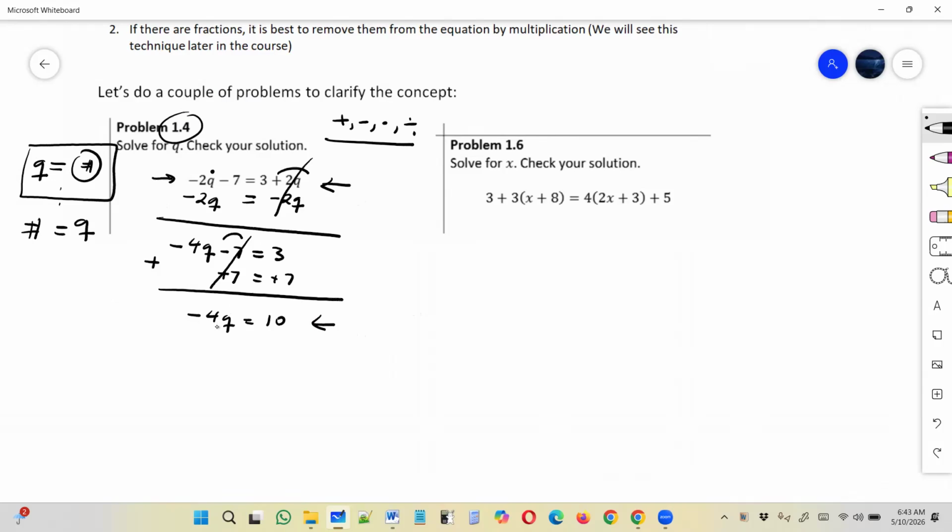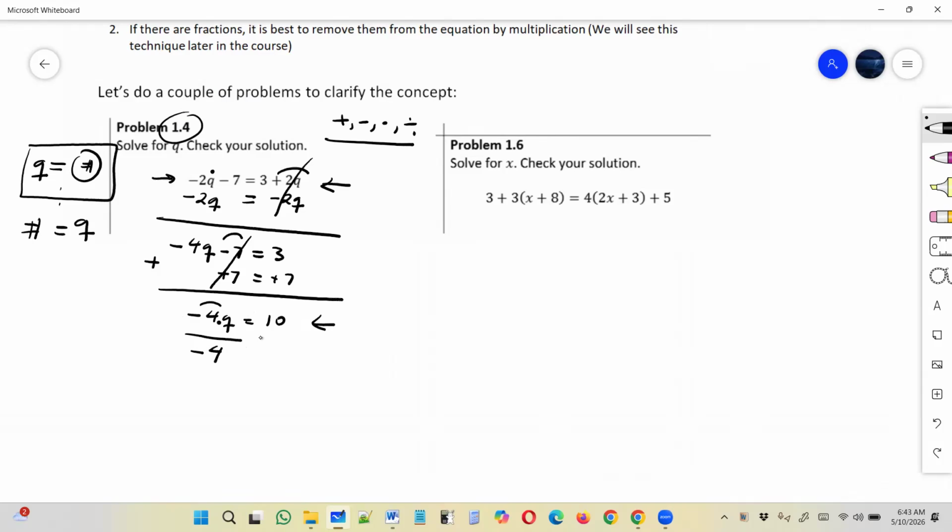So in order for me to do that, I have to get rid of this negative 4 that is multiplying my q. Now notice I cannot just subtract 4, because if I subtract 4, it's not going to get rid of this negative 4, which is multiplying the variable. So if my number is multiplying my variable, I have to divide by it in order to simplify.